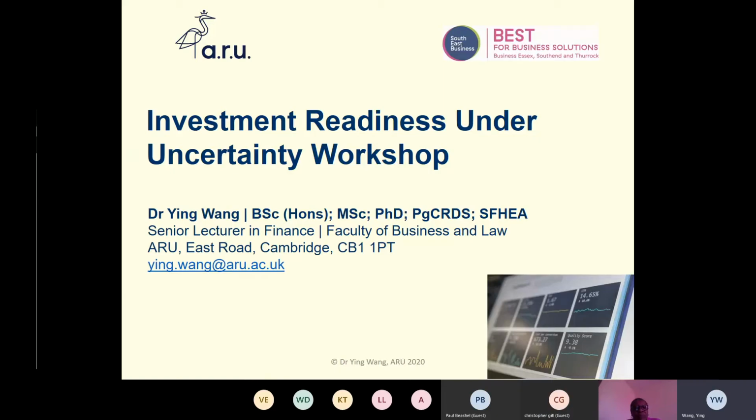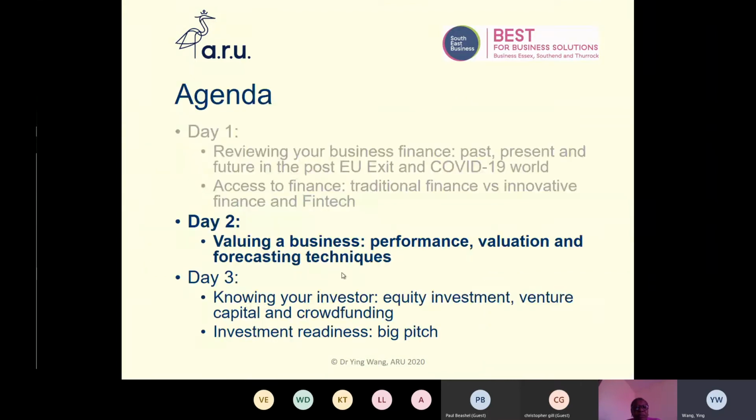So this is the second day of our investment readiness and uncertainty workshop. Today our focus is on the valuation of a business.